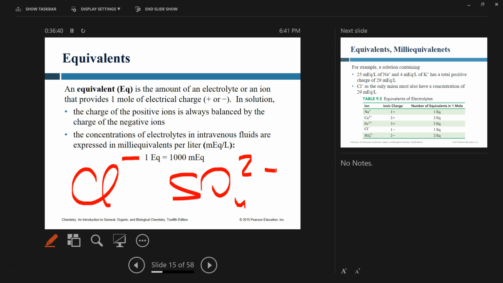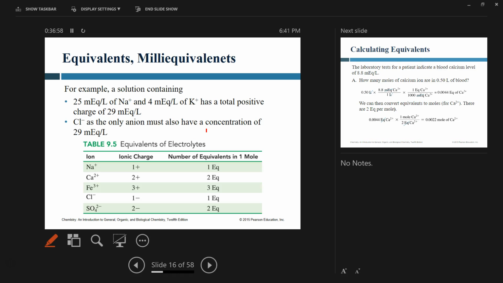We're clear? Good. Now, since concentration is usually much lower, the ionic concentration in the blood and physiological fluids is usually expressed in milliequivalents, 1,000ths. So these are the examples.